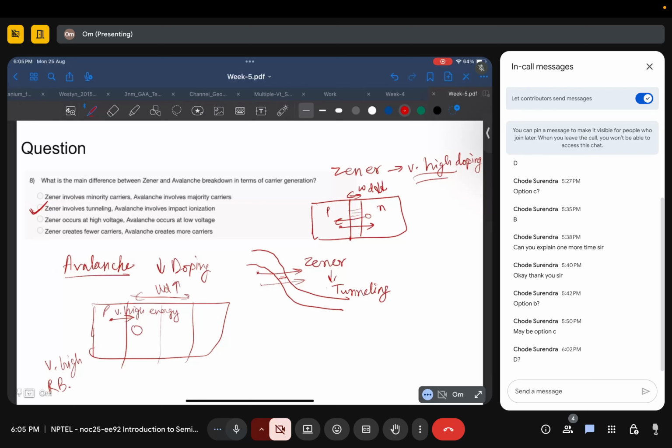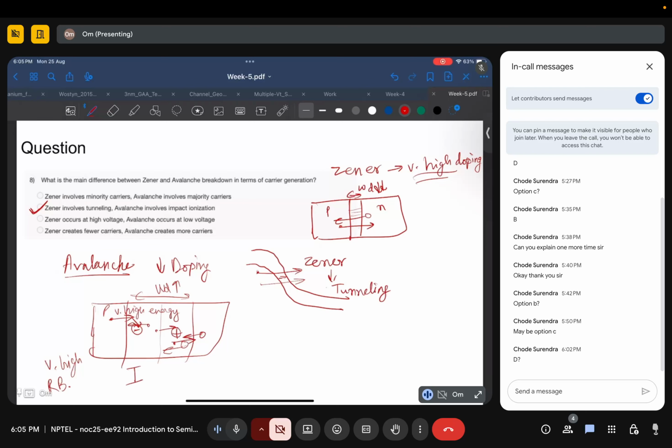It strikes with the ions to generate more electron hole pairs. Generally, a hole from here will strike to generate more electron hole pairs. The hole will go this side, the electron will go this side. So it involves impacting with an ion.